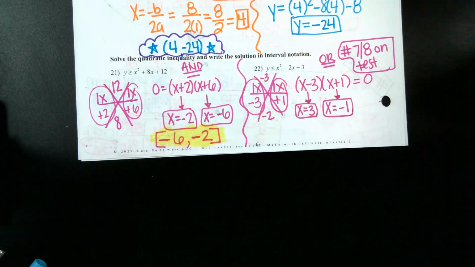Okay, so this is the one that's a little bit harder to write because it's an OR problem. When you think back to Algebra 1A, when you did OR, if it had an equal sign, these would both get closed circles, but instead of going between, we go out. So if you think about negative infinity up to, which number is the smaller one?